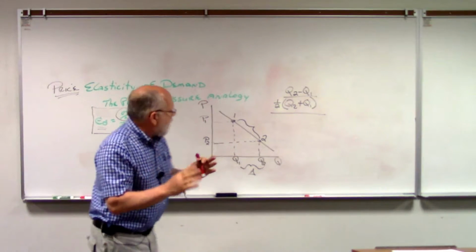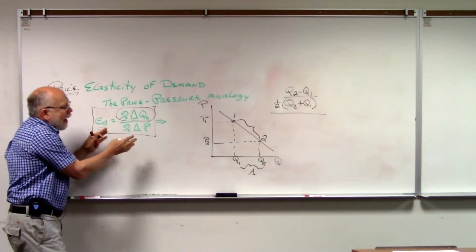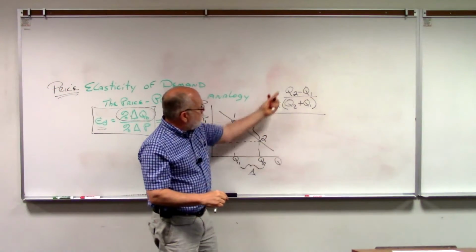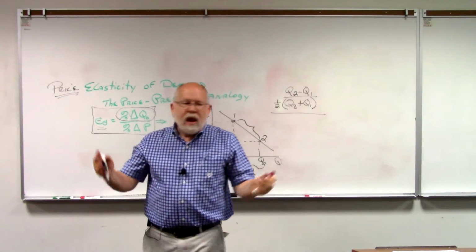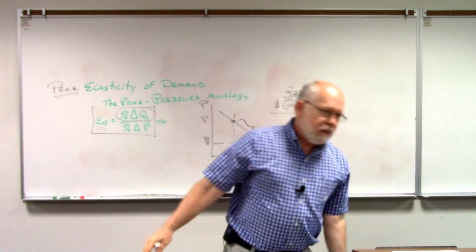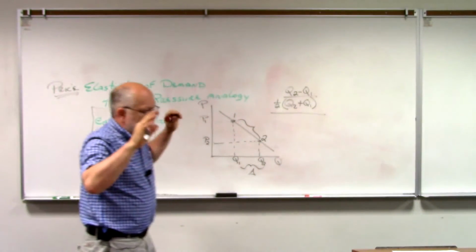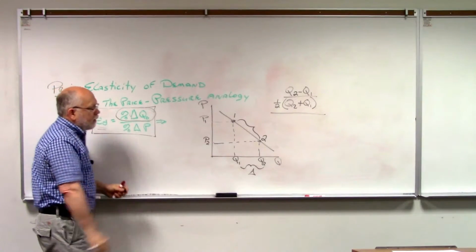If you can memorize how to get a percent change in quantity demanded, you take the big number and you subtract off the small number and you divide it by the average of the two. At this point, it's like shooting ducks in a barrel. I mean, you've got it memorized. It might look ugly when we're done, but it's a piece of cake now, because how do we get percentage change in price?